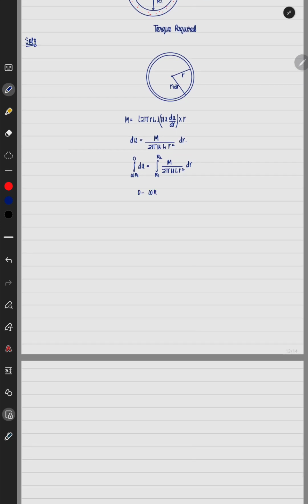0 minus omega r1 is equal to M divided by 2 pi mu L into minus 1 by r, between r1 and r2. It is given by M divided by 2 pi mu L into 1 by r1 minus 1 by r2. This is equal to minus omega r1.